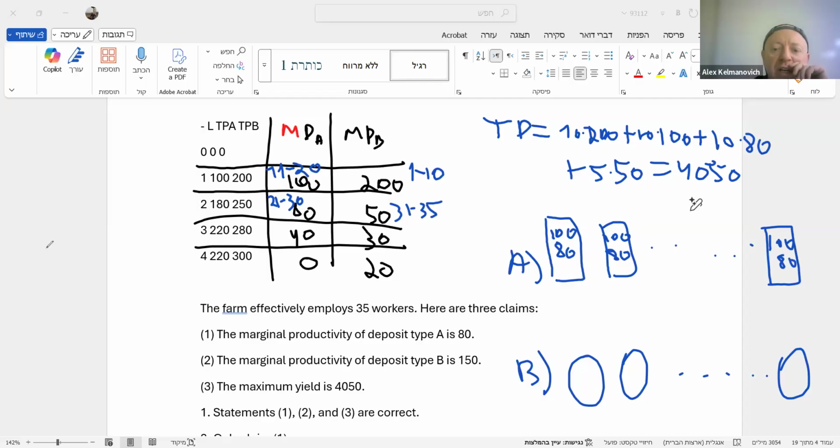And in fields B, we have 200, full row, and 50, only 5, not full row. Okay, so let's begin from type A.